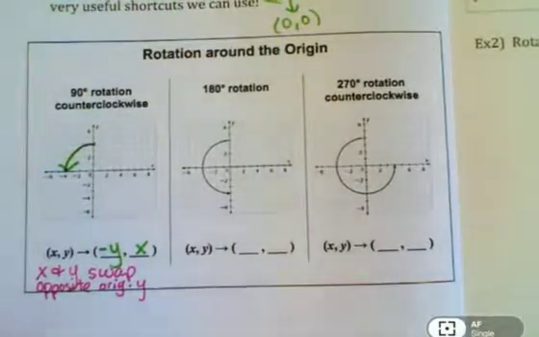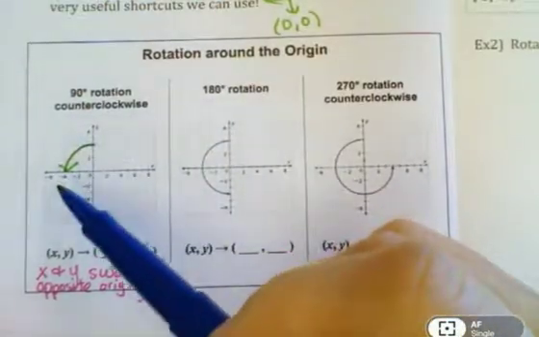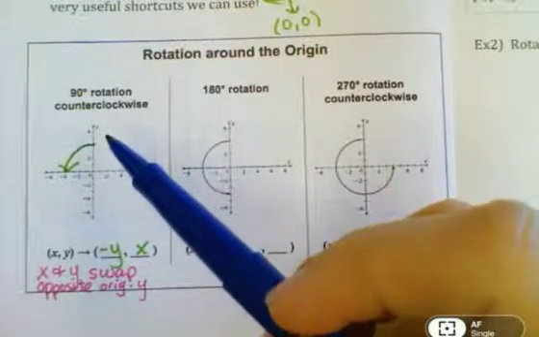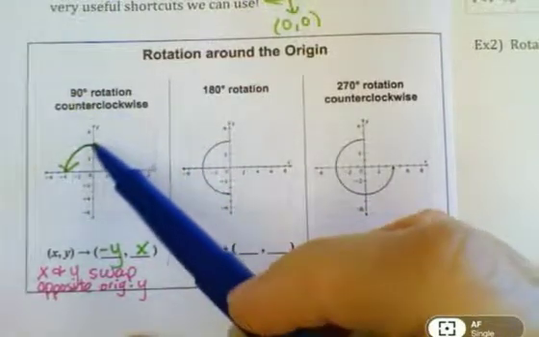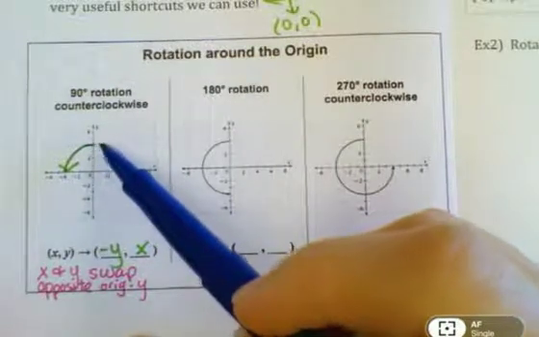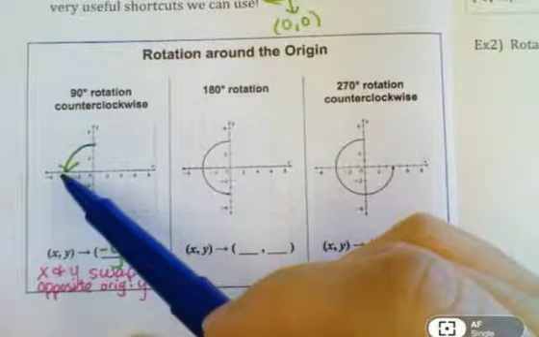And then the other thing we need to do before we move on is that sometimes you'll rotate counterclockwise. In fact, most of the time in geometry we do. But sometimes we also will rotate clockwise. And so what I want you to think about is if we were to rotate clockwise a certain number of degrees, it would be the same, right?